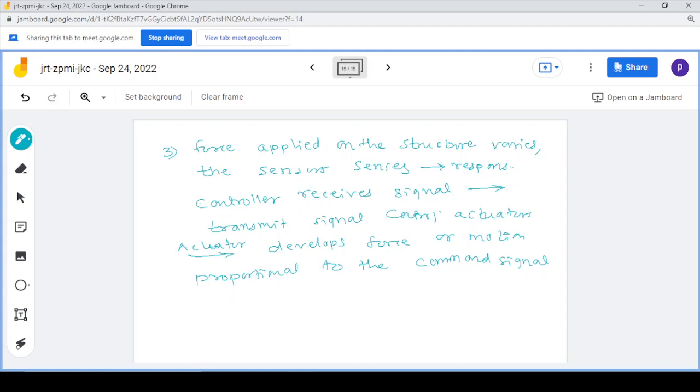And thereby it controls the motion of the structure. Okay, so in this way the active vibration control techniques work.